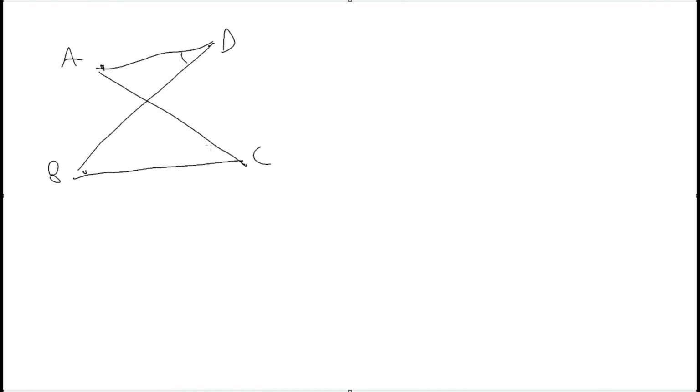This introduces a pretty nice philosophy involving cyclic quadrilaterals. Suppose that you want to prove that if you have points A, B, C, and D, that these two angles here are equal. Well, this amounts to proving that the quadrilateral ABCD is cyclic by the inscribed angle theorem.